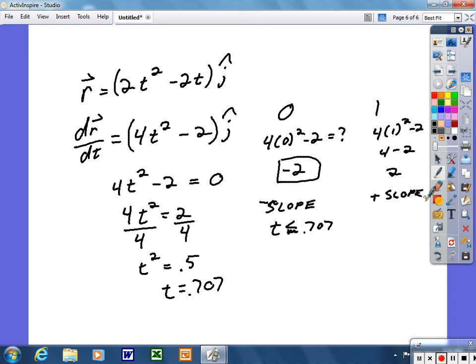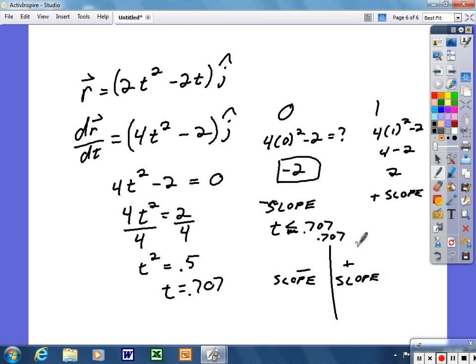Right now, without doing any graphing work whatsoever, I'm able to determine what's going on here. I know that my point of interest is at 0.707. I know that every point before that on a number line is going to have a negative slope. Any point beyond that on the number line is going to have a positive slope.